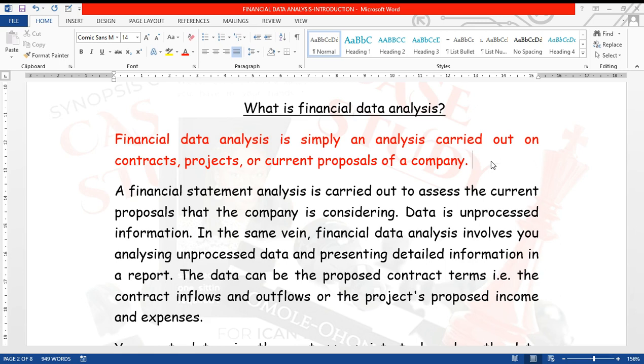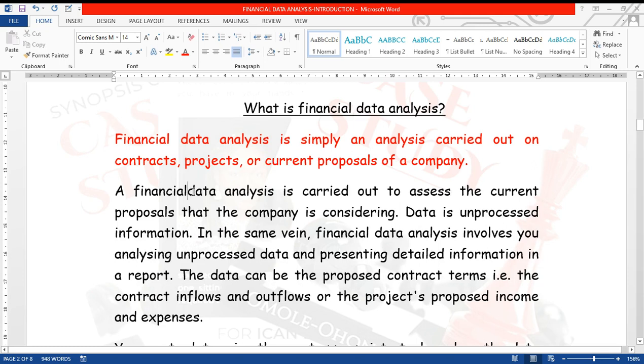You are analyzing the data, the information as regards that. Do you understand? That's a financial data analysis. It is carried out to assess the current proposals that the company is considering.